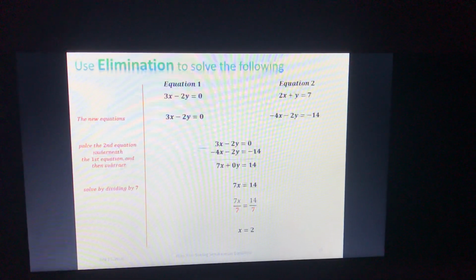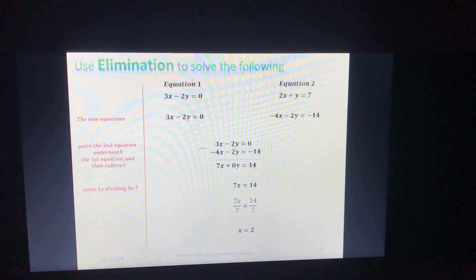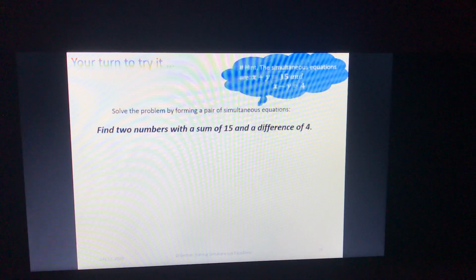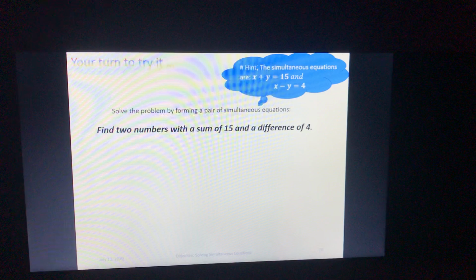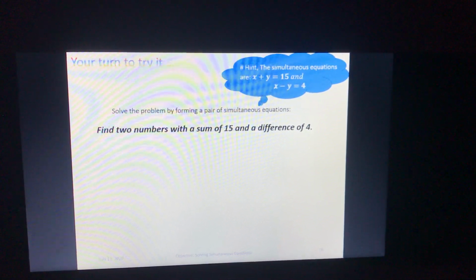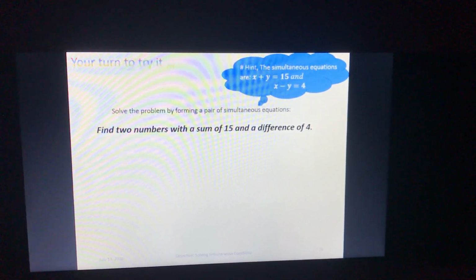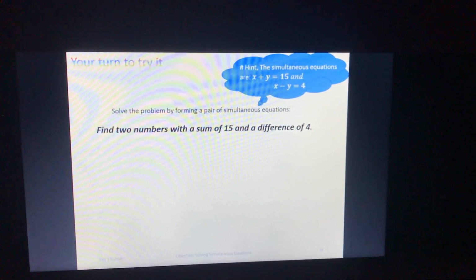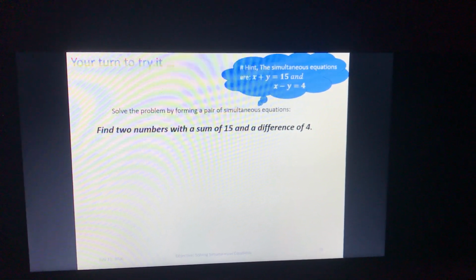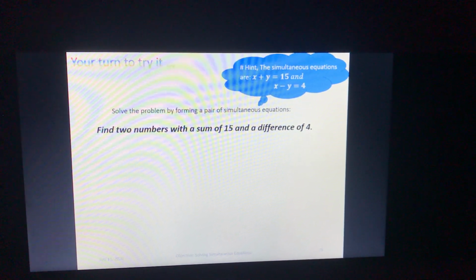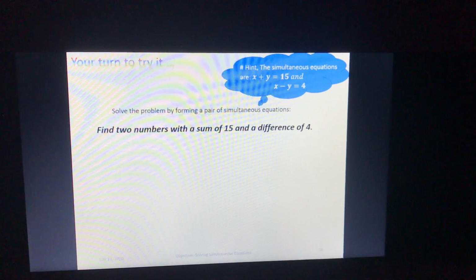I hope you understood both methods. I'm going to give you this trial to try on your own. Solve the problem by forming a pair of simultaneous equations. I helped you out there with a hint of how to form the equations. Find two numbers. The question is, find two numbers with a sum of 15 and a difference of 4.